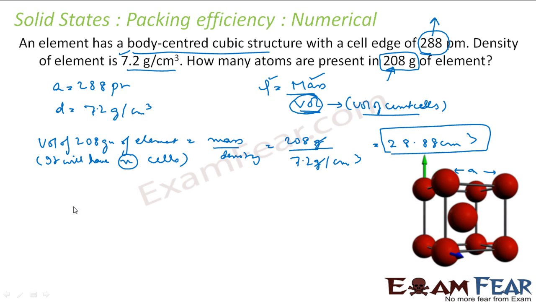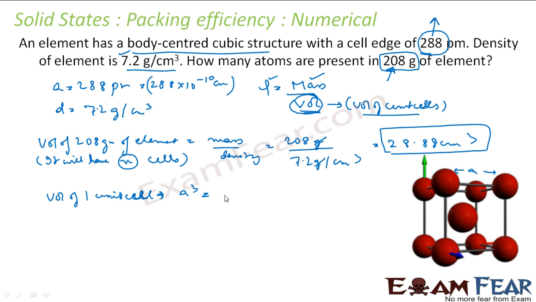So let's find the volume of one unit cell. Since it is in centimeter cube, let's find it in centimeter cube only. And that is nothing but A cube. A is 288 picometer, so let's convert this into centimeter. 288 picometer is nothing but 288 into 10 to the power minus 10 centimeter.